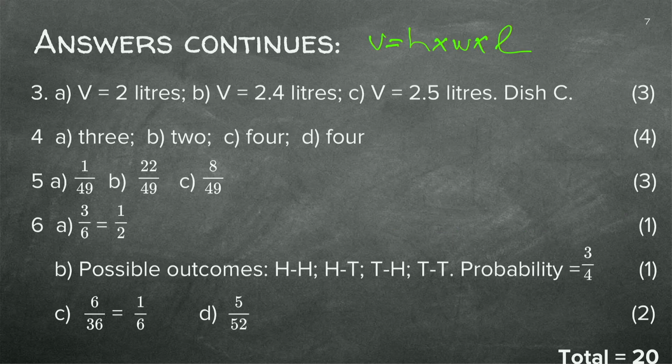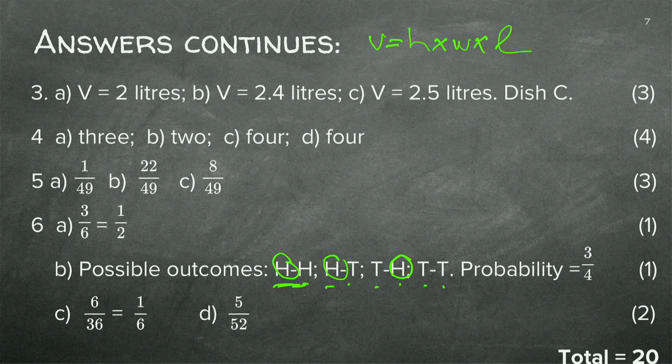Now, if we toss 2 coins, we can have head, head, we can have head, tail, we can have tail, head, or we can have tail, tail. So from the 4 outcomes, there are 1, 2, 3 possible outcomes to have a head. So it's 3 over 4.